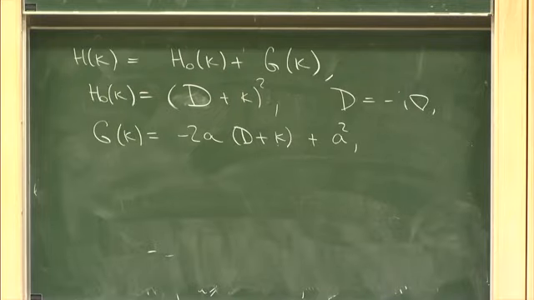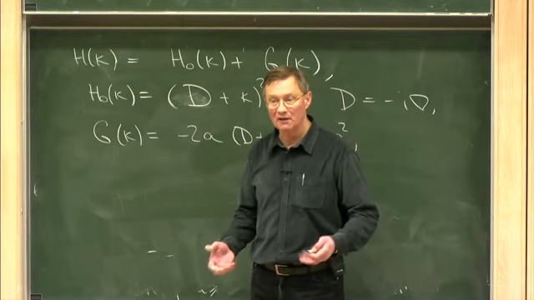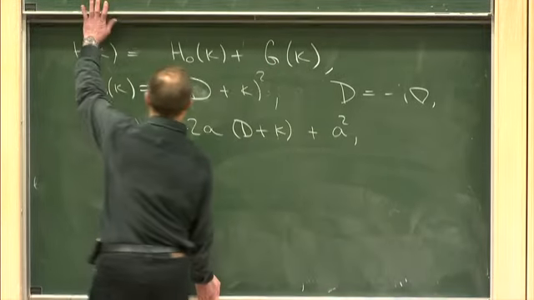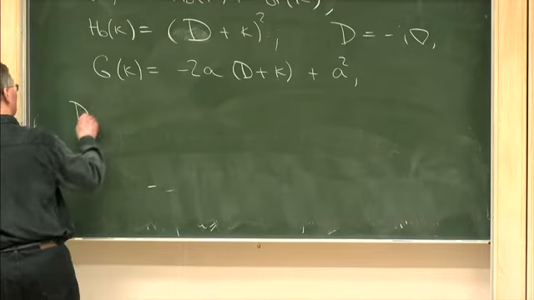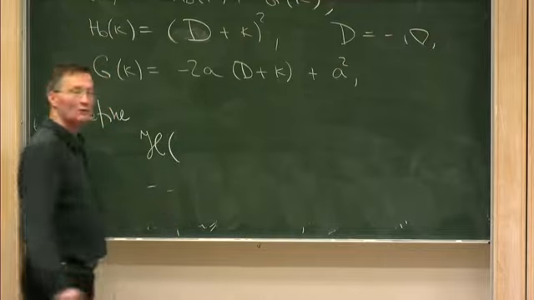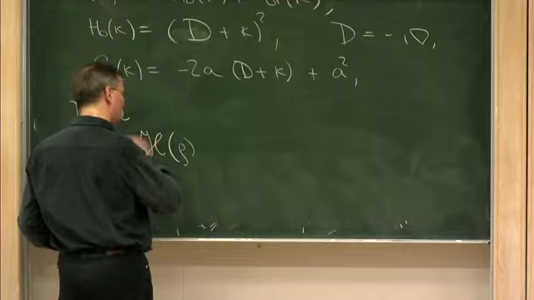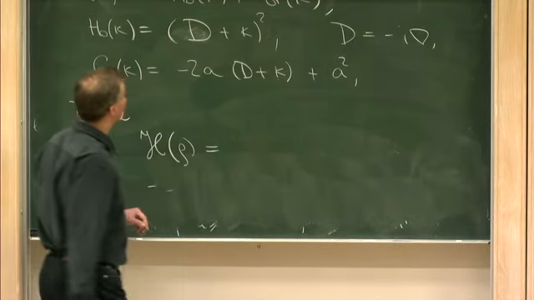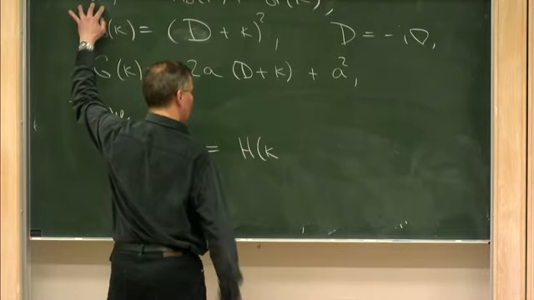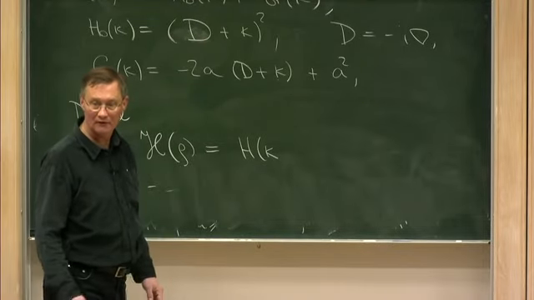Now, as we now understand, it is good to take k into the complex plane. This is what I will do. I will define a family of operators depending on the parameter that I will denote rho, and it is defined like that. I will take H of k, and then I will add a complex component to that k.